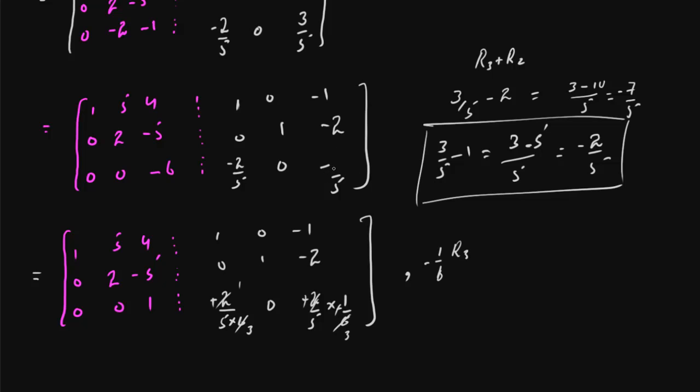Okay, 7 over 5, and here that will also be 7 over 5, and we are going to divide that by 1 over 6.